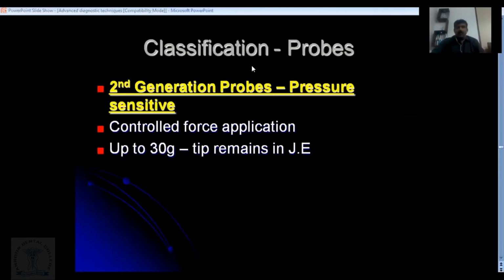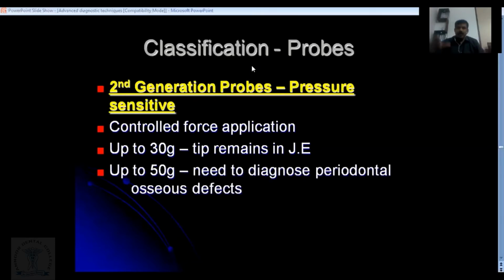When you have a probing force within 30 grams, it stays within the junctional epithelium. If you apply a force of approximately 50 grams, it may pierce the epithelium and the connective tissue and will reach the bone. So to diagnose osseous defects, you probably need a more probing force.